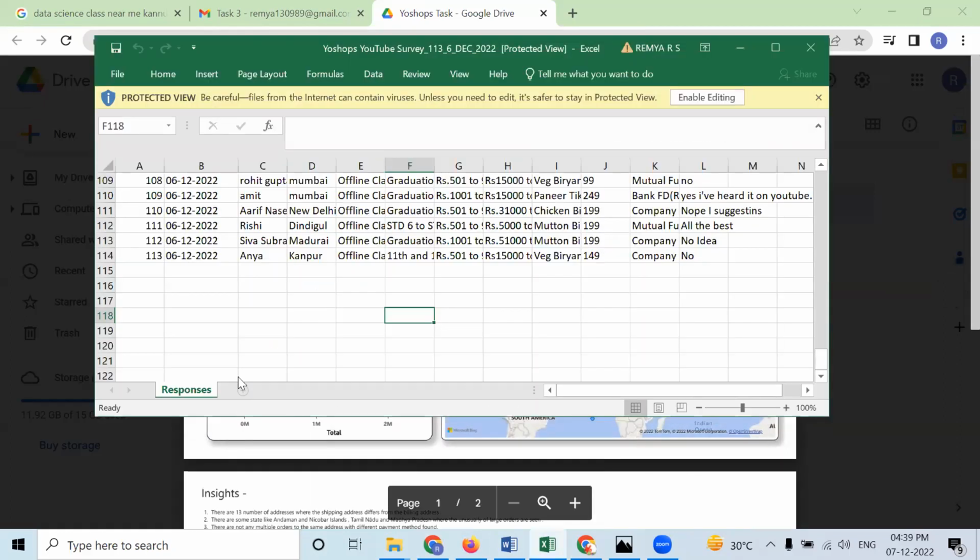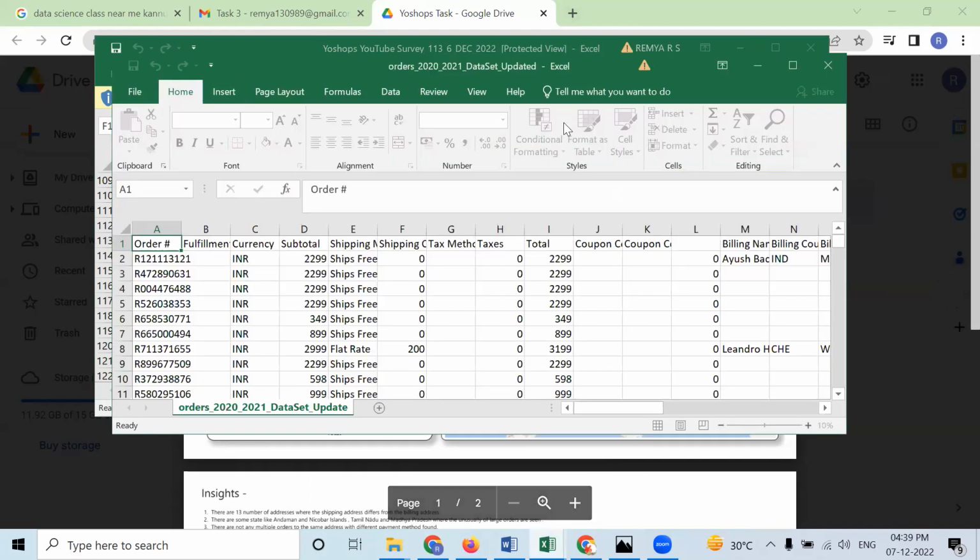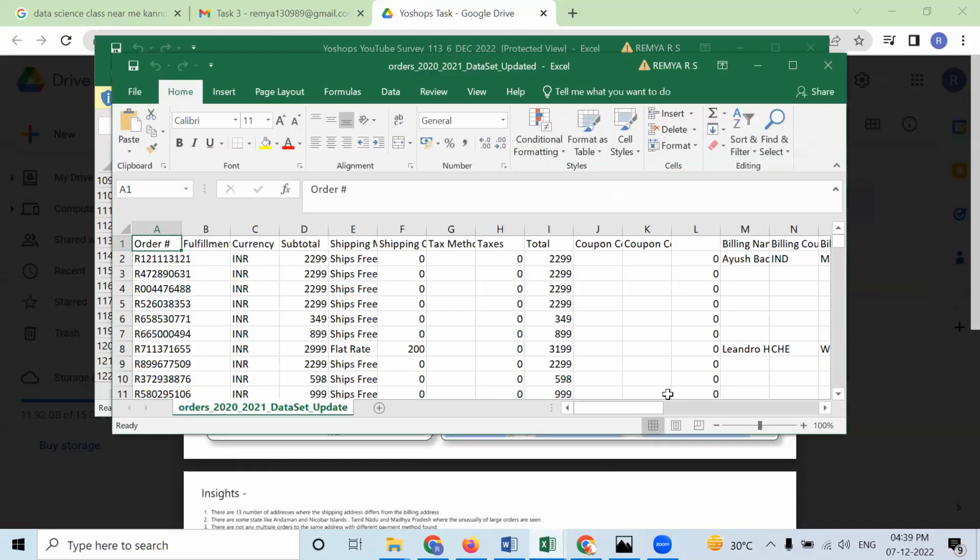Just think like a person who is handling an e-commerce website. You need the order ID or the person name, whoever is under suspicious category, right? This order ID is actually required.